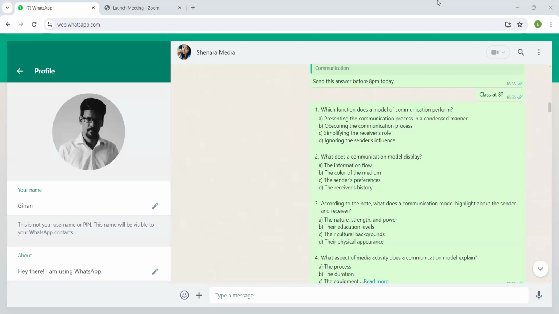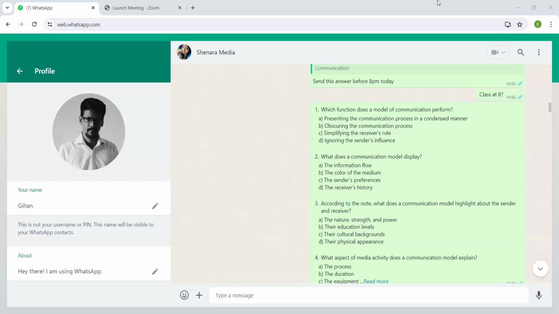The sender sends something, the receiver receives something. In between, there's a message, feedback, etc. The color of the medium, that doesn't suit. The sender's preferences, they don't describe every time. The receiver's history, they don't describe every time.